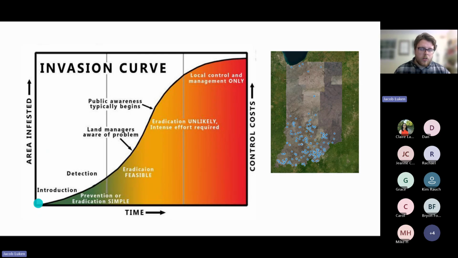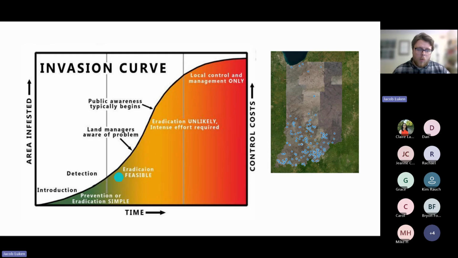So down here, all the way at introduction, that would have been back in the 30s when they were initially trying to establish it. And then the South is all the way up here, all the way into local control and management. It is highly unlikely that they'll ever eradicate that population. And if they do, it's not going to be until after extensive work is put into it.